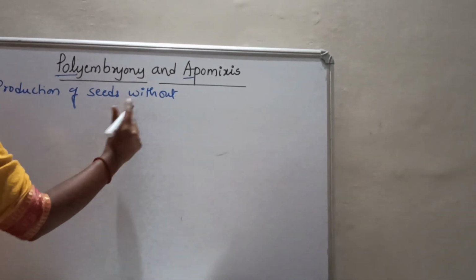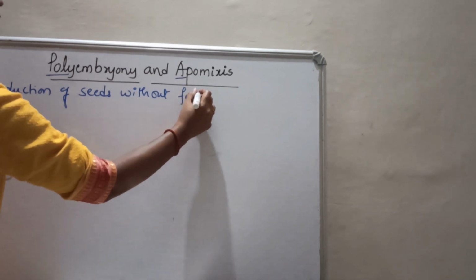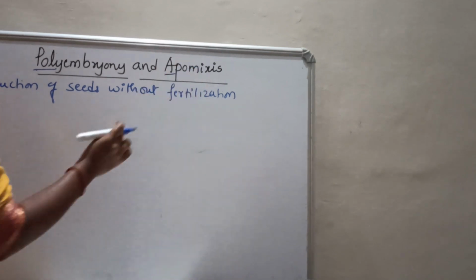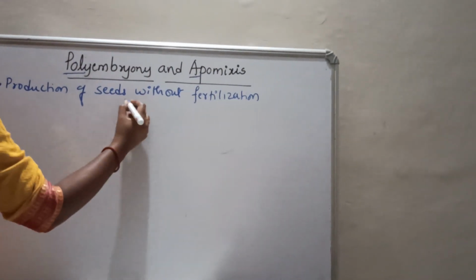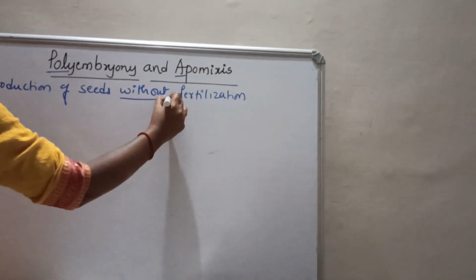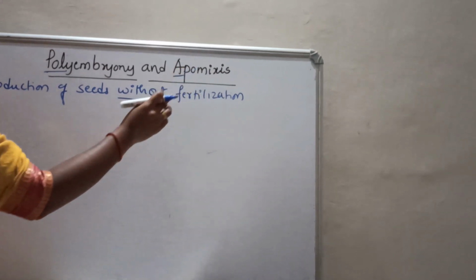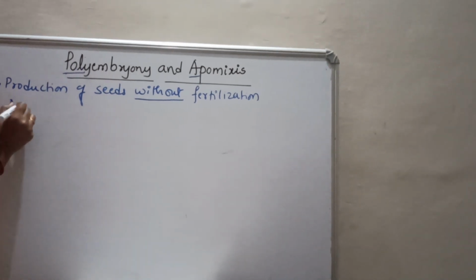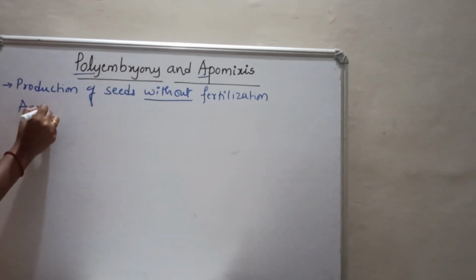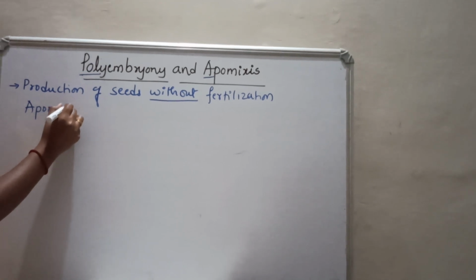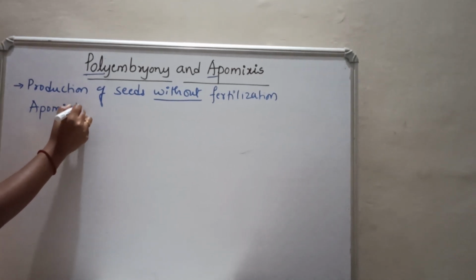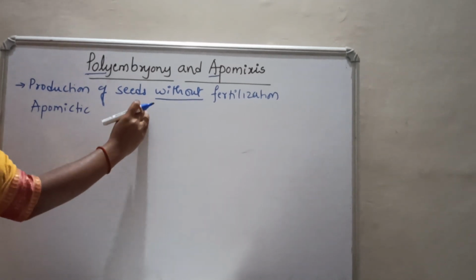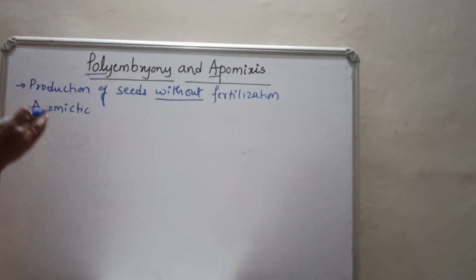The production of seeds without fertilization is called apomixis, and those seeds are called apomictic seeds. Then, how are the seeds formed without fertilization?